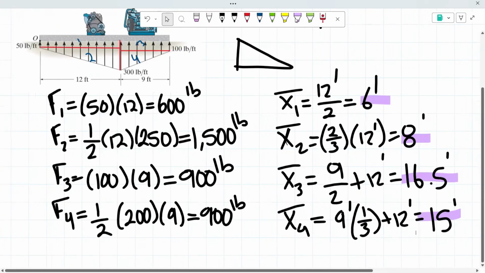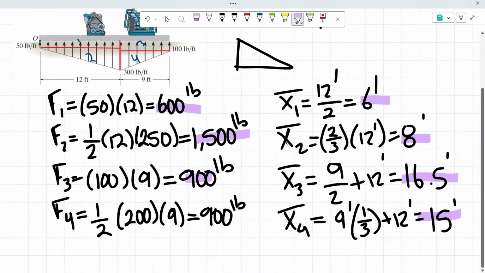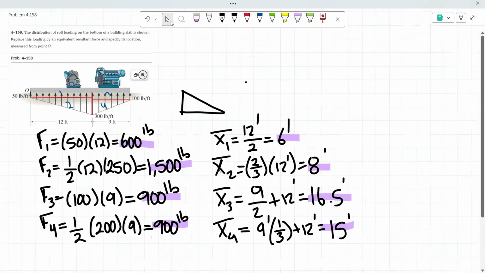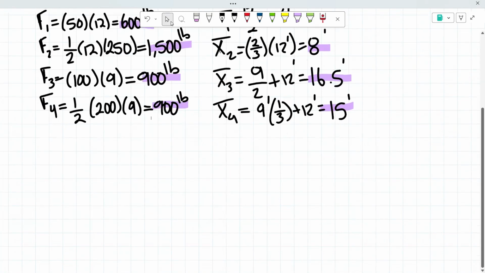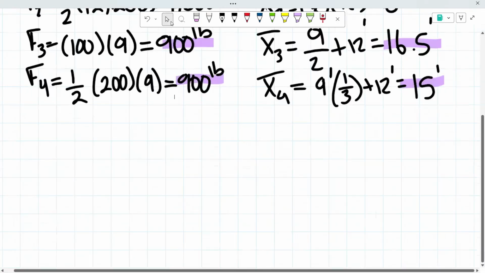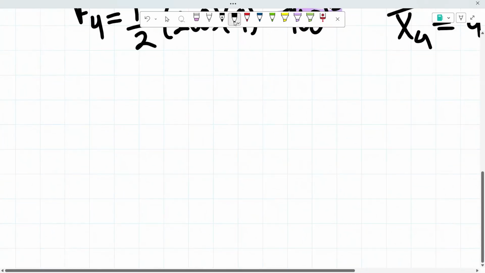So with that, we determined each of the forces and their locations. But now we have to replace the loading by an equivalent resultant force and then specify the resultant force's location. So to determine that resultant force, we're just going to sum all of our forces.